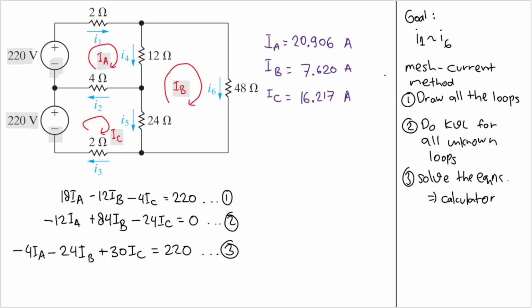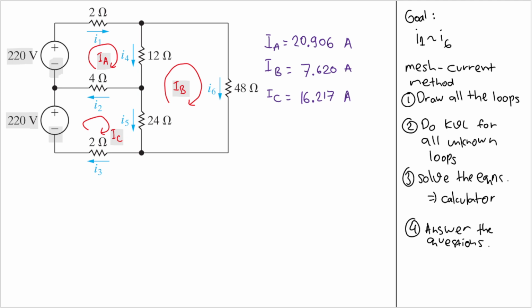However, the question is not asking about IA, IB, and IC, but the branch currents. So the last step that we need to do is to answer the questions. Let's see what the question is asking us.